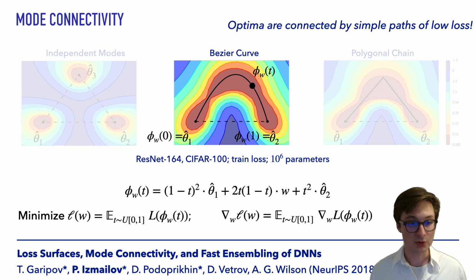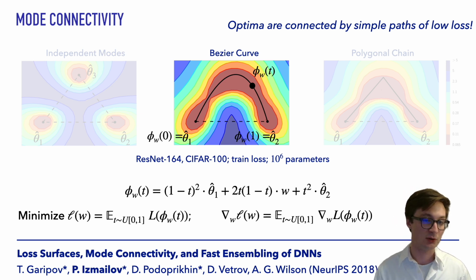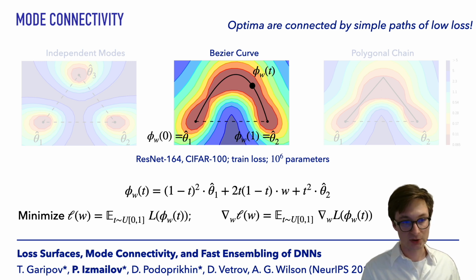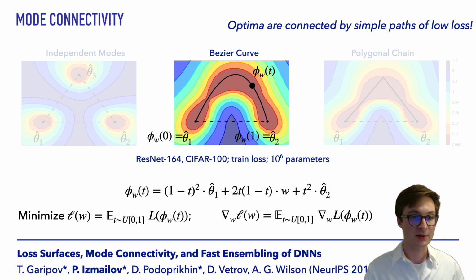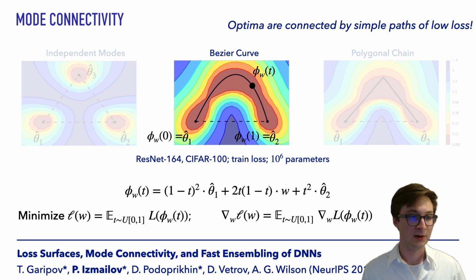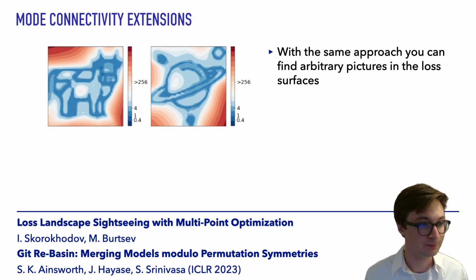And we can then use just regular gradient descent or Adam or whatever optimizer to minimize this loss function and fit the curve to the loss surface and find these very simple mode connecting paths. And here we are showing the Bezier curve, but we can also find something as simple as just a polygonal chain with two bends that connects two independently trained modes.